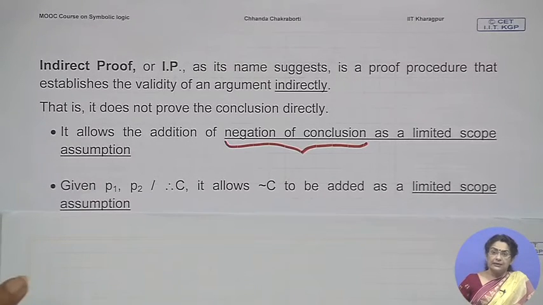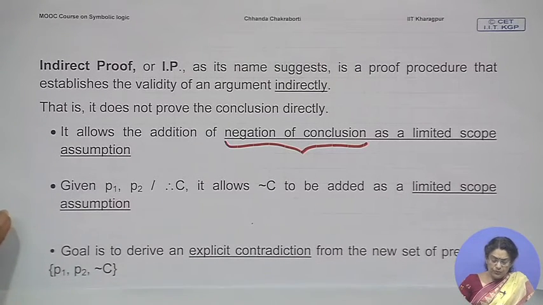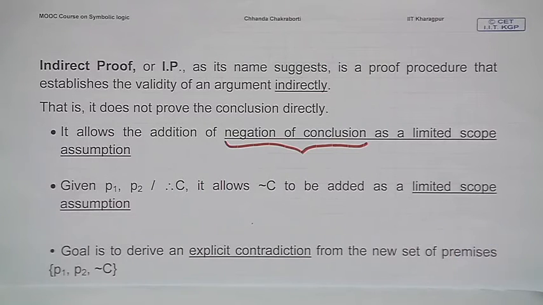Well, the target is that from this new set, P1, P2 and not-C, you try to derive, with the 19 rules that you have already learned, an explicit contradiction, a logical contradiction. Okay? That is your target. Remember, the limited scope assumptions are really limited in their scope. You have a purpose in mind why you are assuming them. The moment you have reached the objective, you have to drop the assumption.